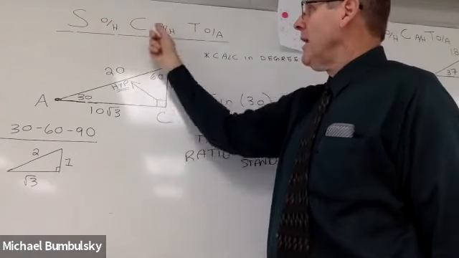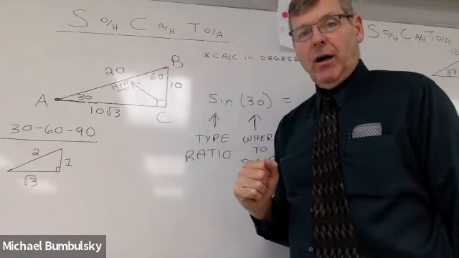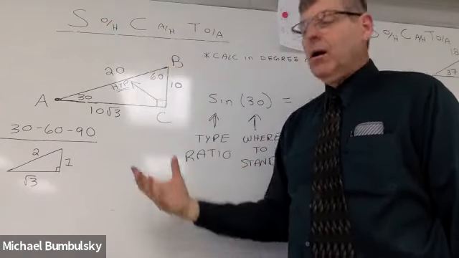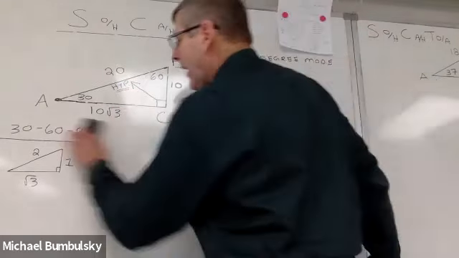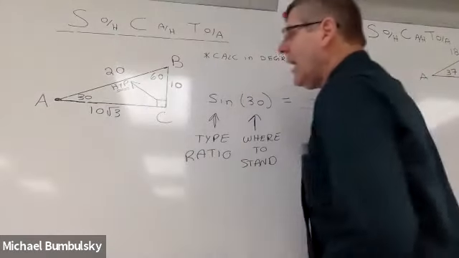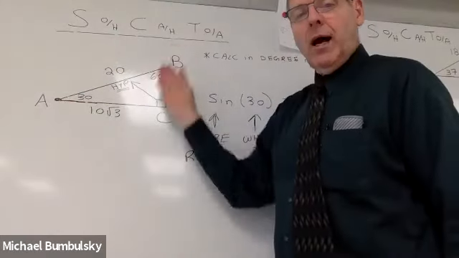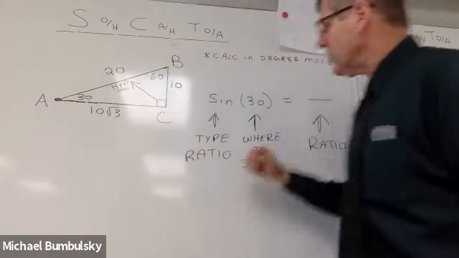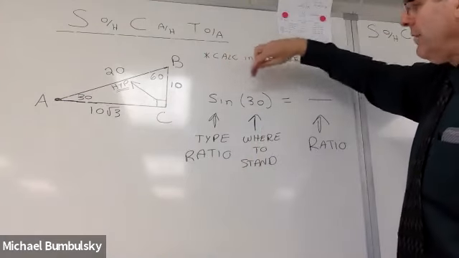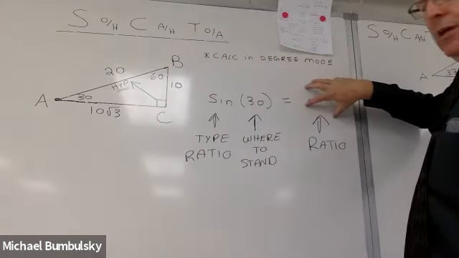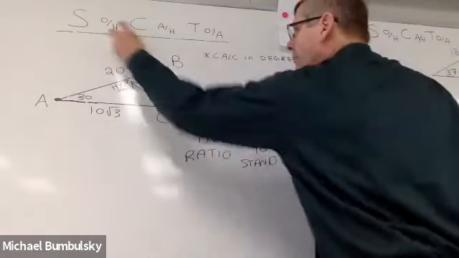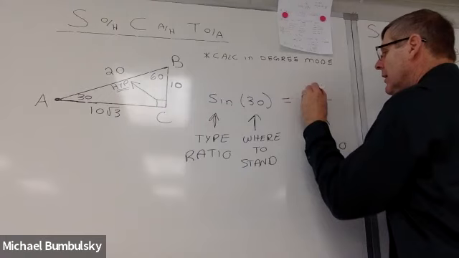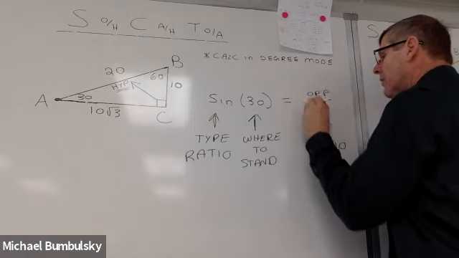I don't know what the opposite and adjacent side are until I know where my reference point on this triangle is. In other words, I like to think of it as I have to know where I'm standing. So if you see sine of 30 equals a ratio, the ratio that it's equal to is the opposite over the hypotenuse.